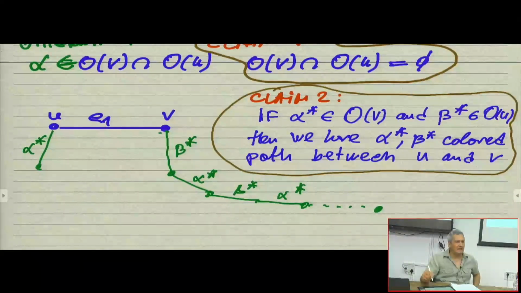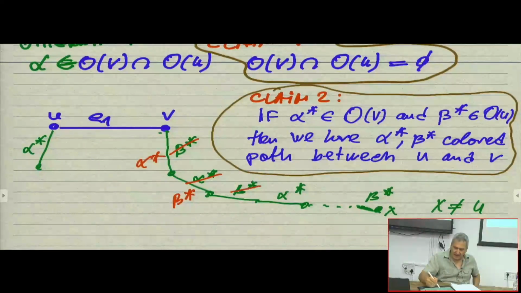The graph is finite. I may end in some vertex X which is different than U. Then what do you propose we do? We change the colors: this will be alpha star, this beta star, this alpha star, this beta star, and so on.